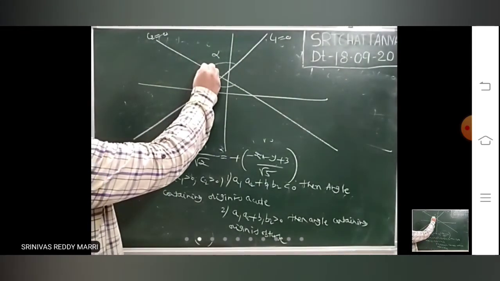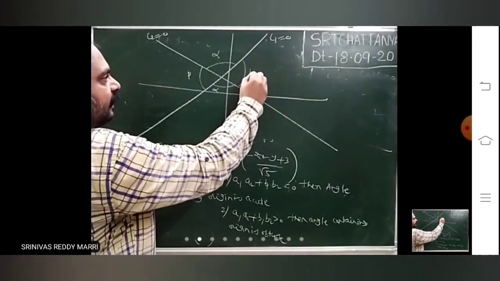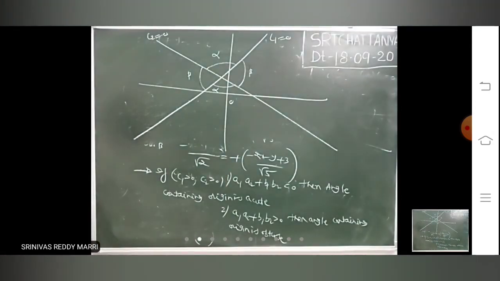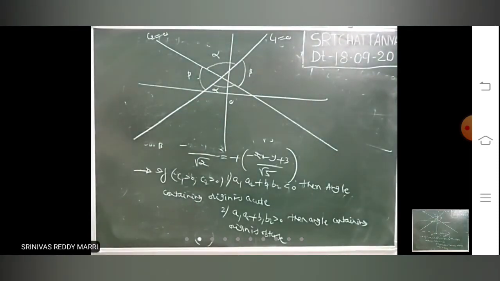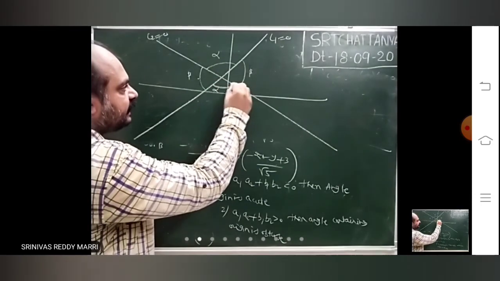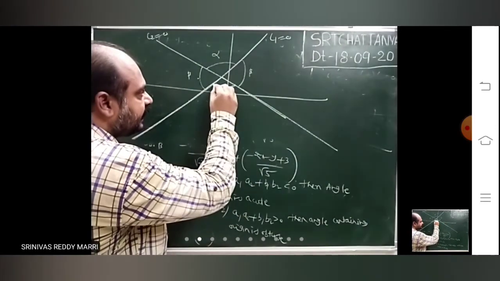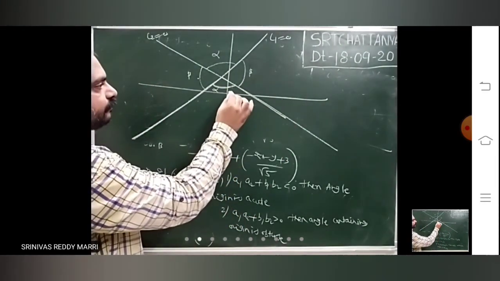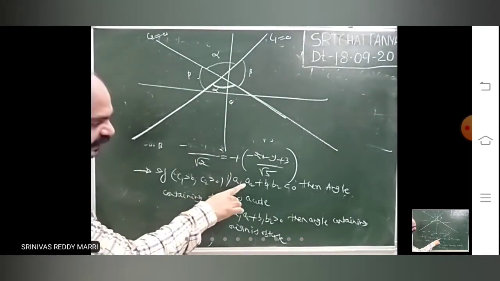This is another angle, let us say beta. Now look at it. These two are equal, these two are equal. In this angle, the origin is there. This angle means this region. So this angle contains the origin.